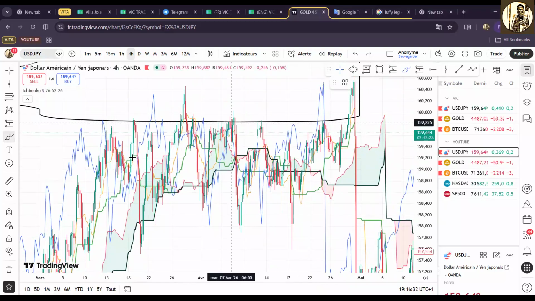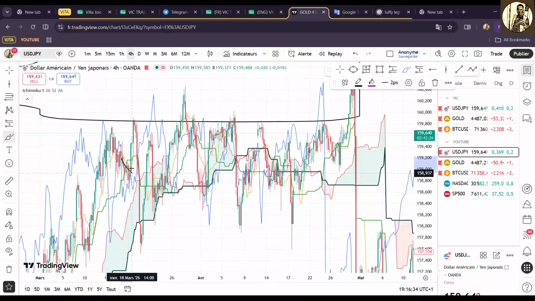You will see on H4, Tenkan bending below Kijun and creating the first drop of TK cross, right? Then you have another small one here, and then you have another one here. It gives you 1, 2, 3 TK cross.